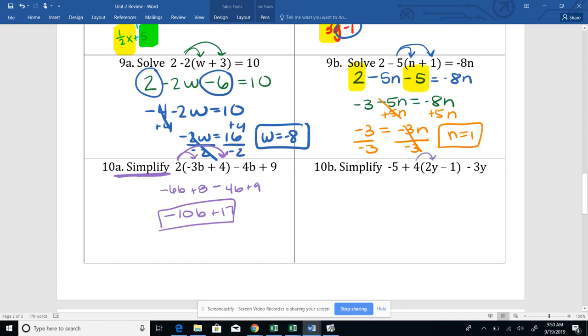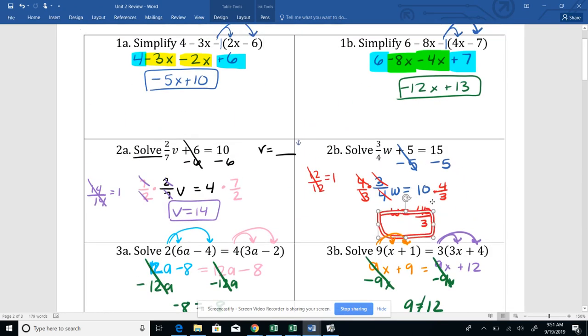Okay, I'm going to distribute over here as well. So I'm going to just bring down this negative 5. 4 times 2y is 8y, and 4 times negative 1 is negative 4. Combining like terms again, 8y minus 3y is 5y.